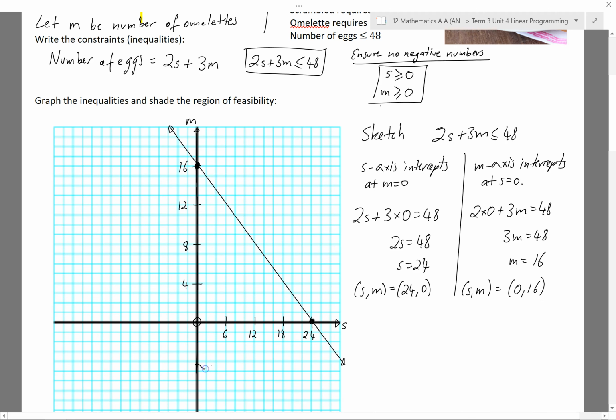And this is S is greater than or equal to 0. And then I'll look at M is greater than or equal to 0. So I'll see where M is equal to 0 and I'll draw a line along this axis as well. M is greater than or equal to 0. So I can label all three of my inequalities.